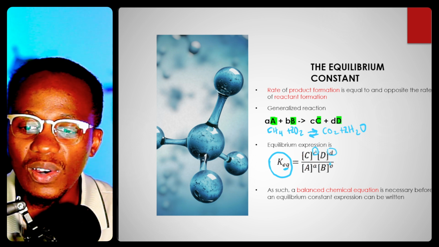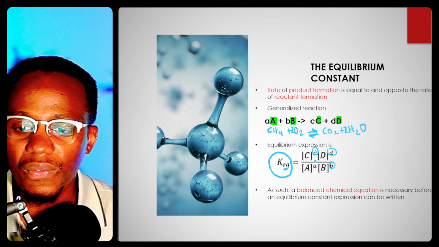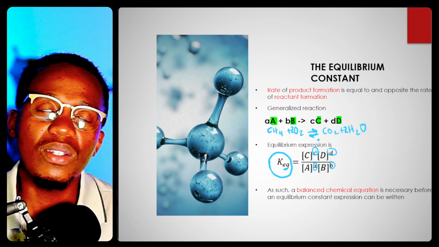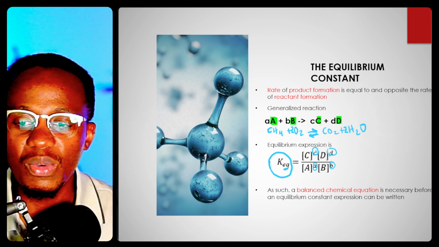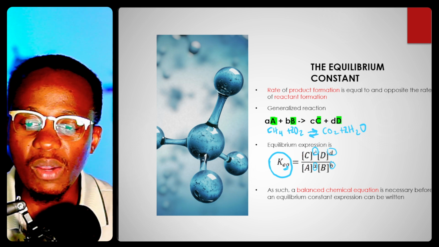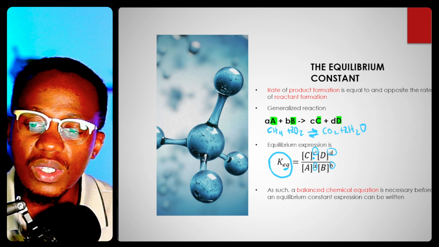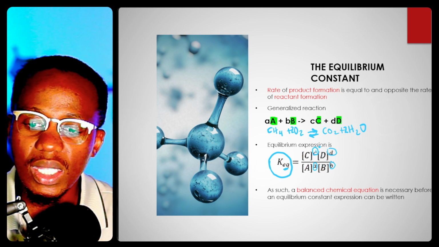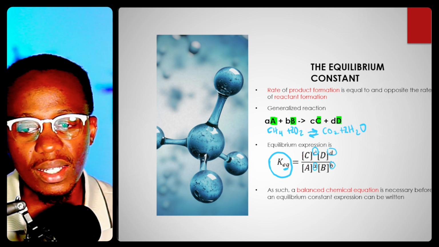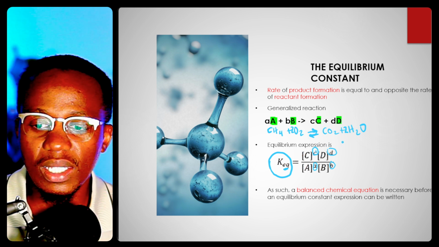You're gonna need to know how to reproduce this. If there's any formula that you need to remember in this chapter, this is the main formula, right? The equilibrium constant is going to be the concentration of the products over the concentration of the reactants with the coefficients as their exponents. So let's look at this.